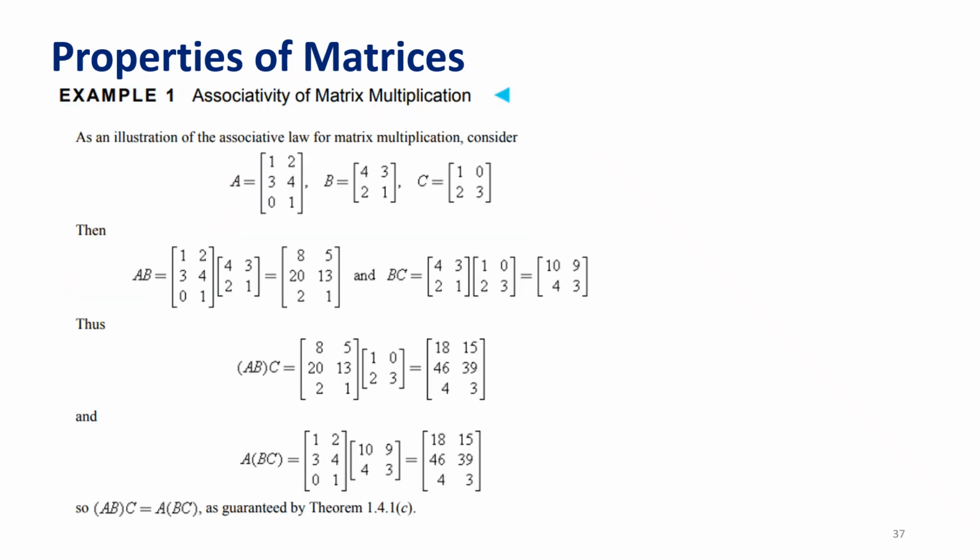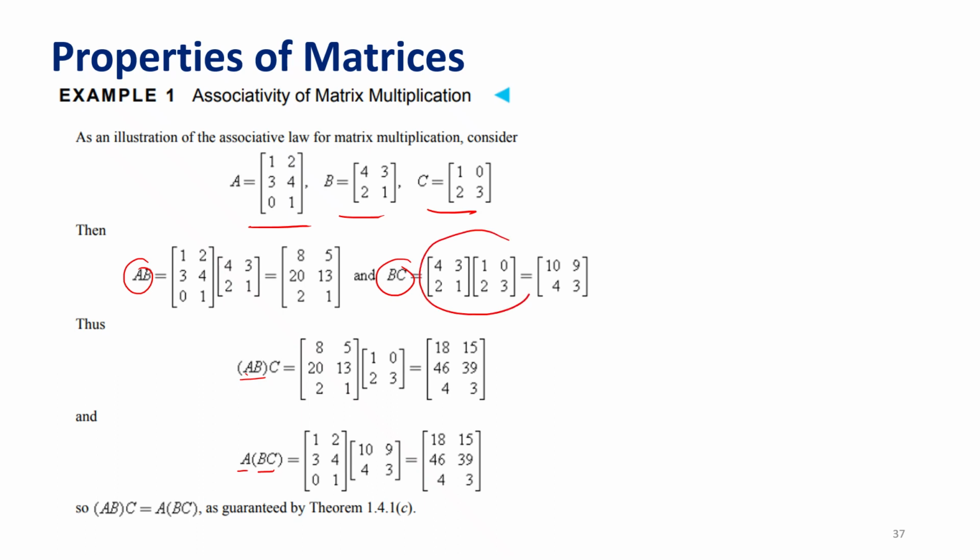Example one of the exercise shows the associative law in matrix multiplication. So you have matrix A, matrix B, matrix C. When you multiply A with B, and then B with C, then AB multiplied by C will be equal to A multiplied by BC.